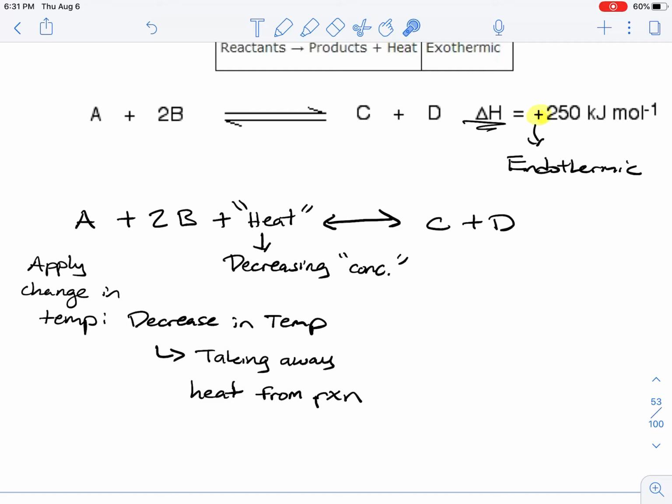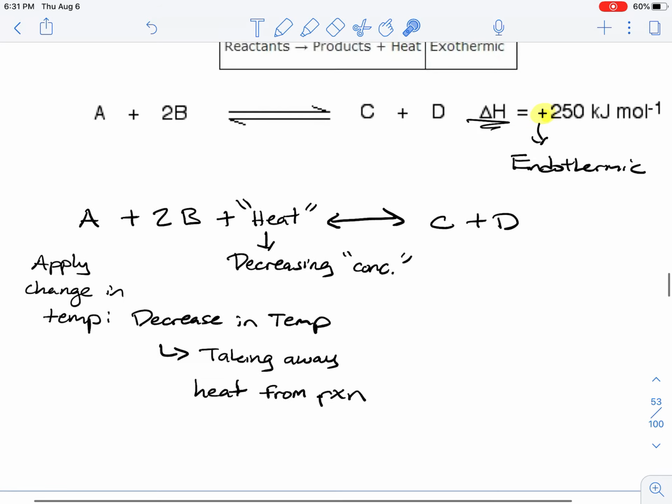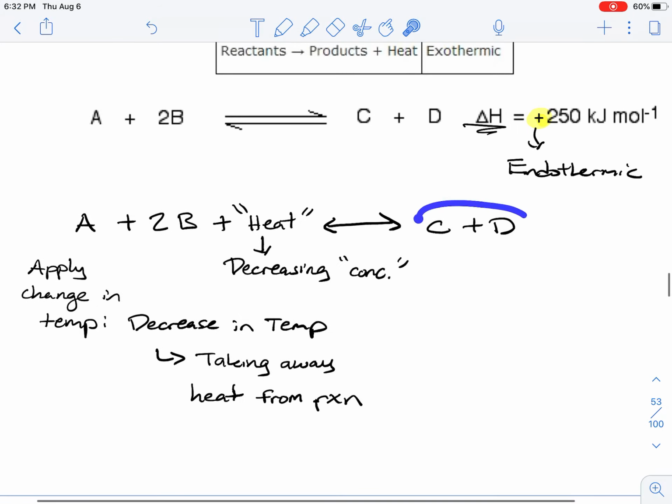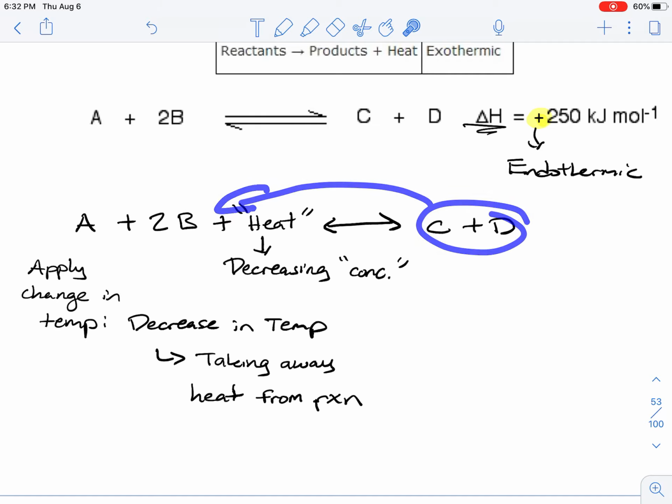Because heat is being taken away due to a decrease in temperature in the surroundings, to make up for that loss, some of the products will be converted into reactants to replenish the heat that was lost to the surroundings.